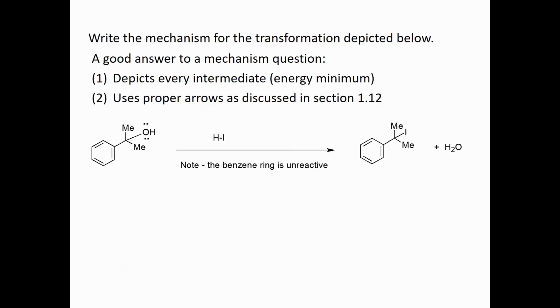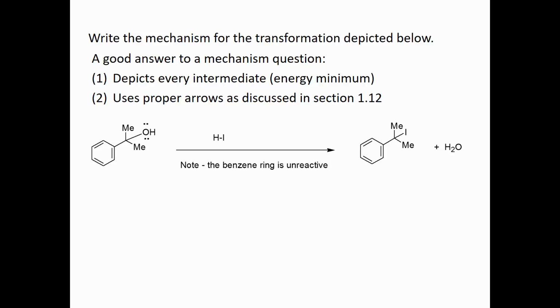Okay, and here's a final problem that we're going to do here, and this is what we call a mechanism problem. A good answer to a mechanism problem typically depicts every reactive intermediate or every energy minimum, if you remember the big potential energy diagram for this reaction before.